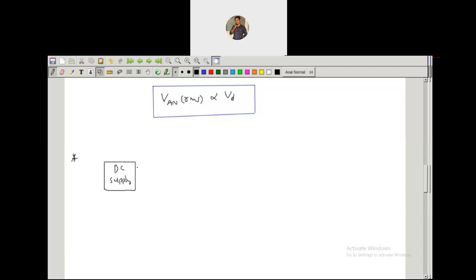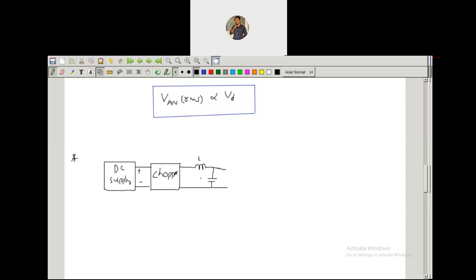So this will be given to the chopper. As we know, the chopper is going to convert the fixed DC to variable DC, and this variable DC will be given to the inverter with the help of the filter to get the smooth DC.